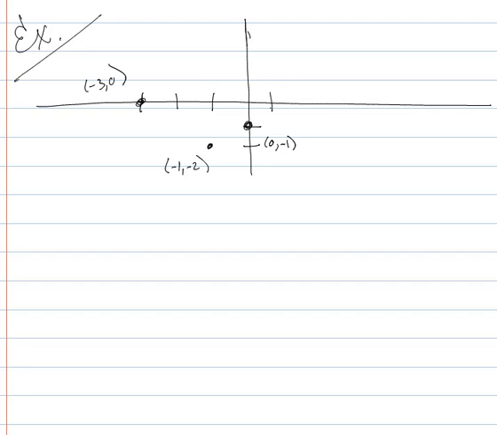I've got a point here at 1, 0. I've got a point out here at 3, 2. And then out here at 5, 0. All right, so now I'm going to go all over the place with this thing. I'm going to go up and down and up.